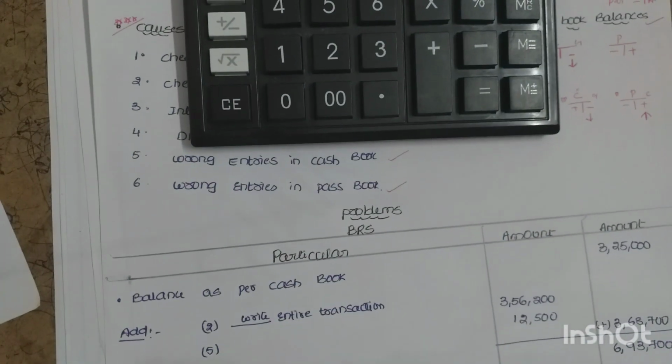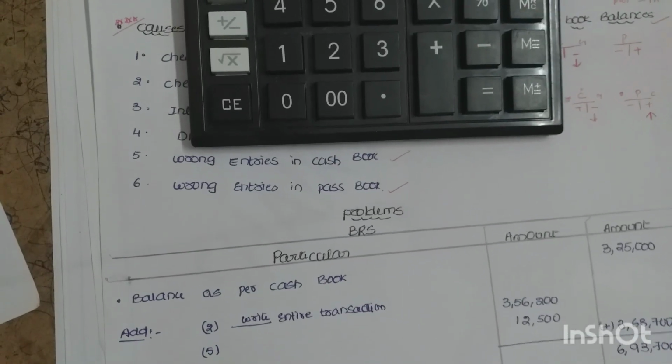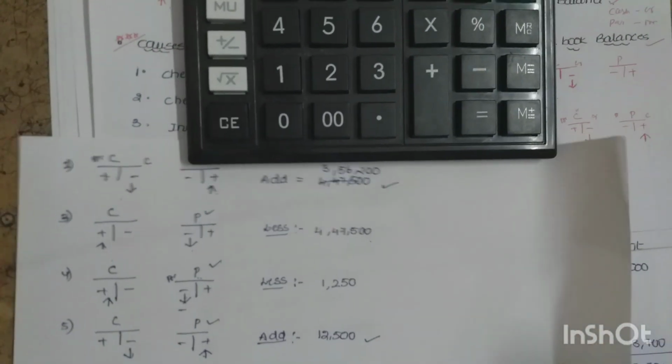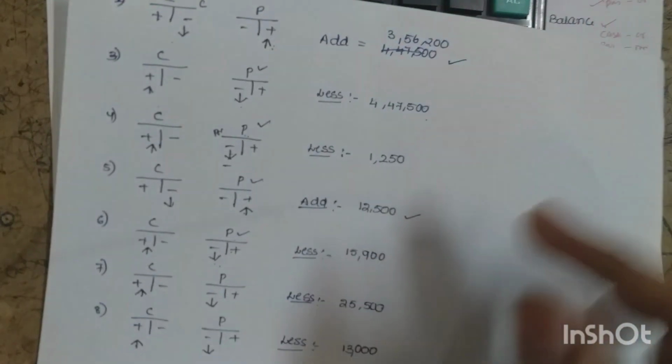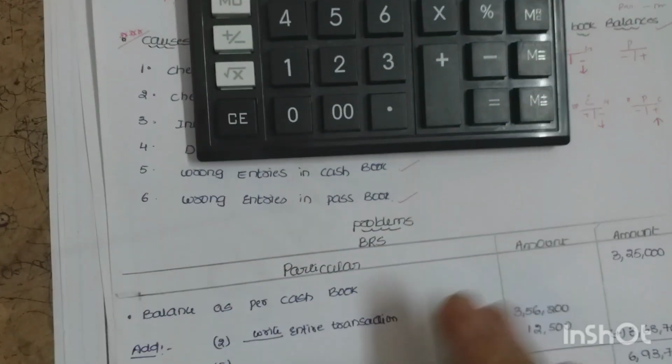This is the total. Now after adding the add transactions, we have to deduct less transactions. So how many less transactions are there? Here you can see third transaction is there, then fourth transaction, then sixth, seventh, eighth, all are less transactions. So we will record all these transactions also.